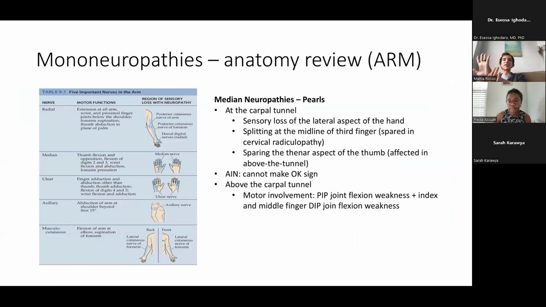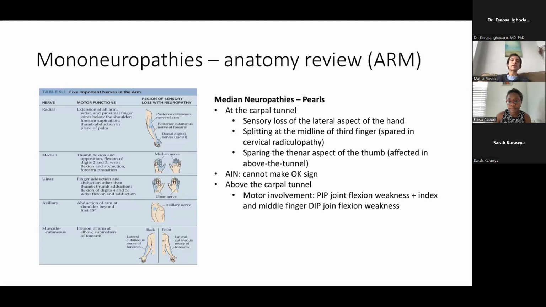If it's just at the carpal tunnel, it will be a sensory predominant neuropathy that splits in the middle of the ring finger, with sparing of some thinner aspect of the thumb. And knowing that the sensation splits at the ring finger instead of sparing the ring finger will really tell us whether this is a median neuropathy versus a cervical radiculopathy.